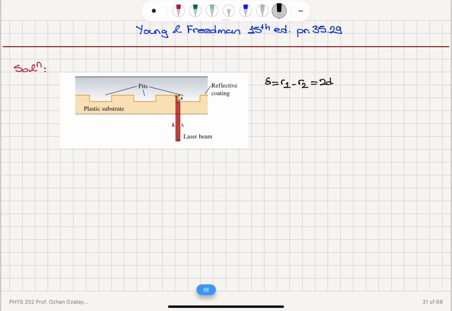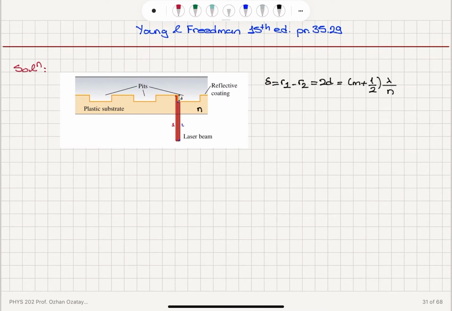So this must be equal to (m plus 1/2) times the wavelength, lambda in air divided by n, because that's the wavelength in the plastic. So we have this plastic substrate with index of refraction n.